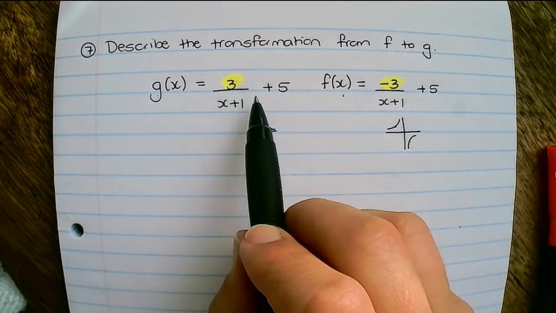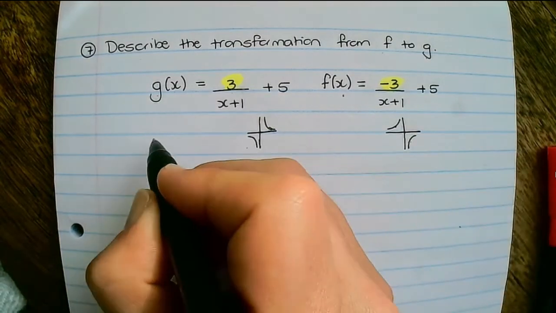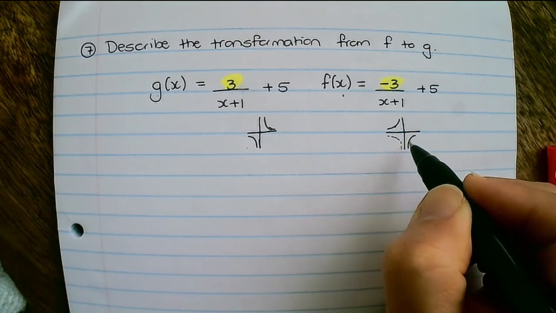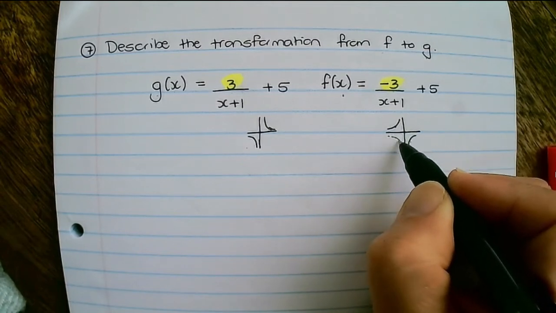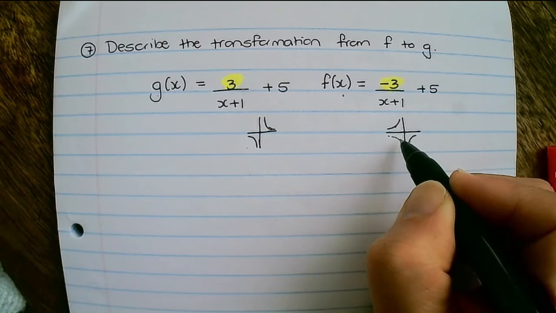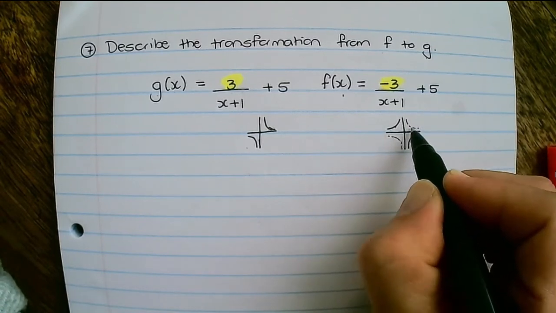Now how we describe this transformation is I can say that the original graph has been reflected over the horizontal asymptote, or it has been reflected over the vertical asymptote.